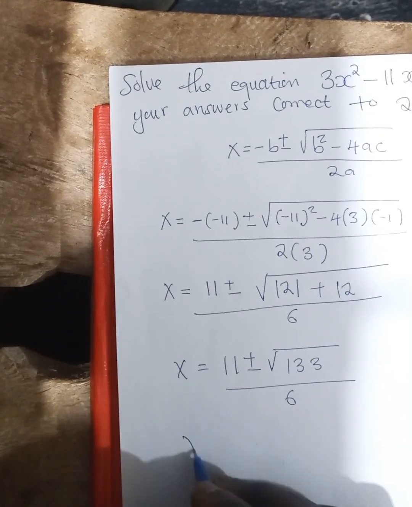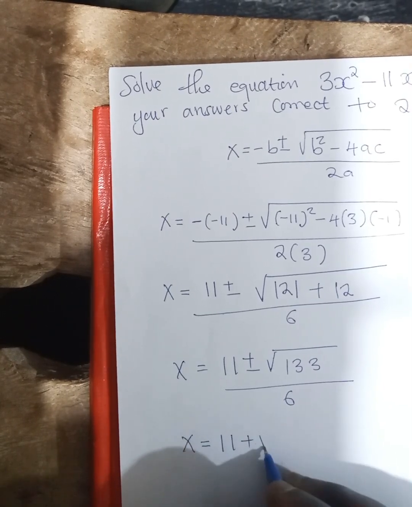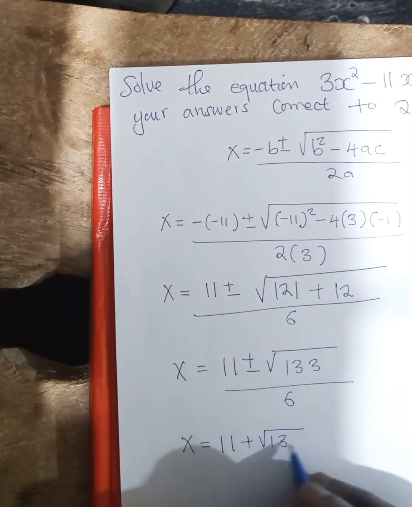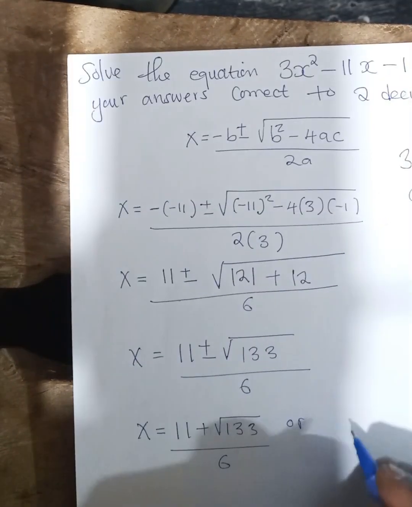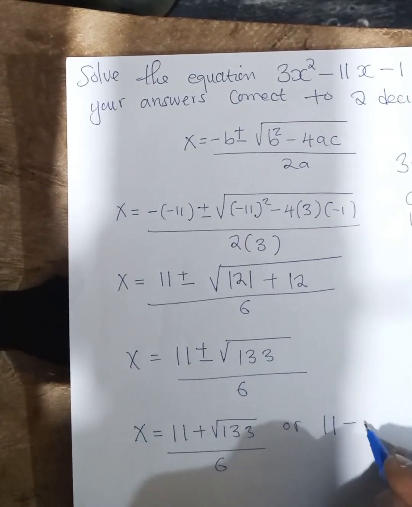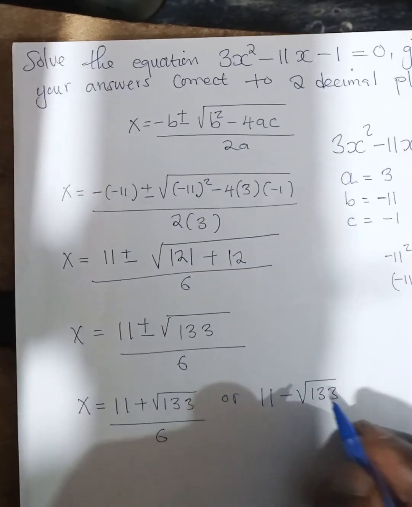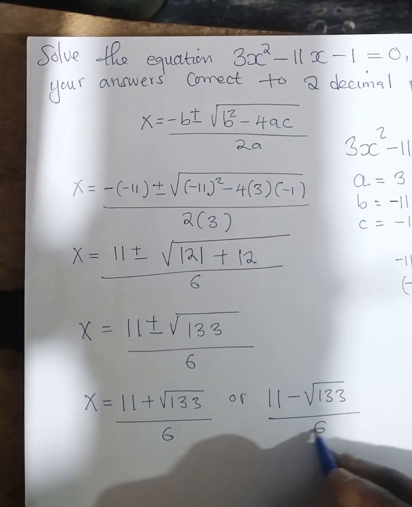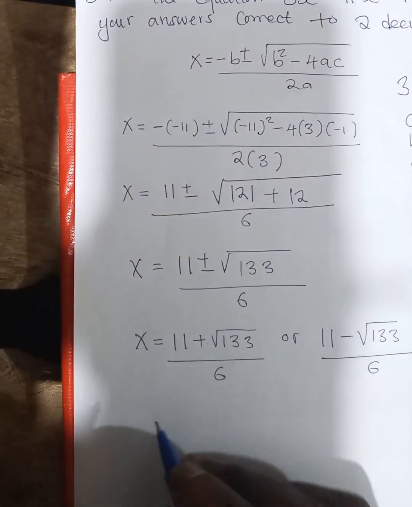Then we can separate these if we want. Now we'll have 11 plus the square root of 133 over 6, or we are going to have 11 minus the square root of 133 over 6. This is 5 marks, so you do not jump any stage there, so that you get all your 5 marks.